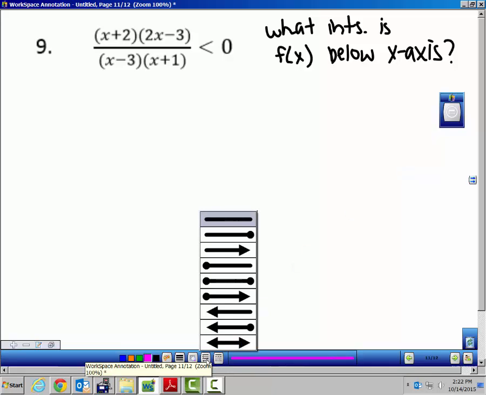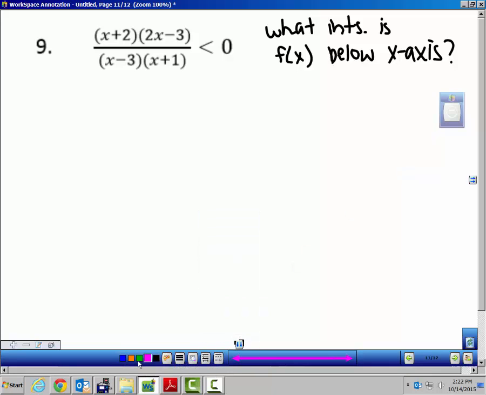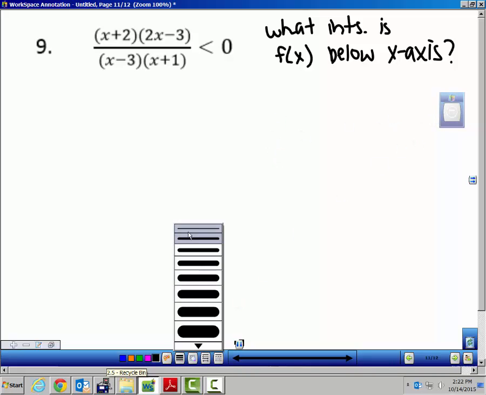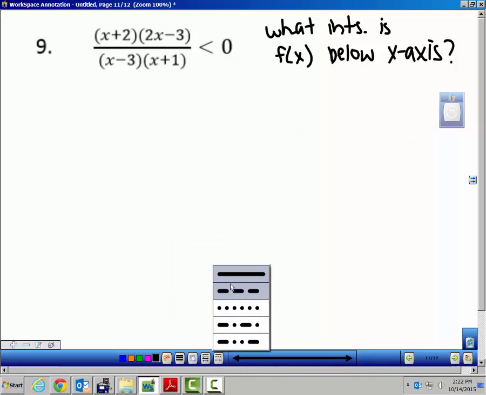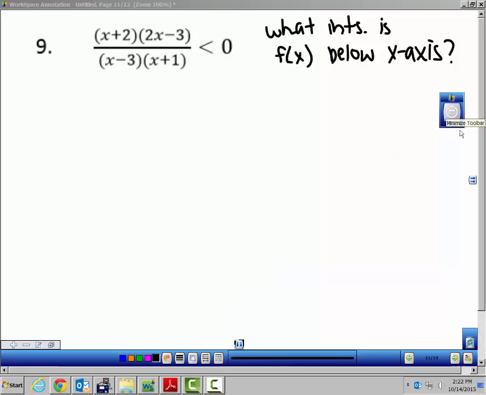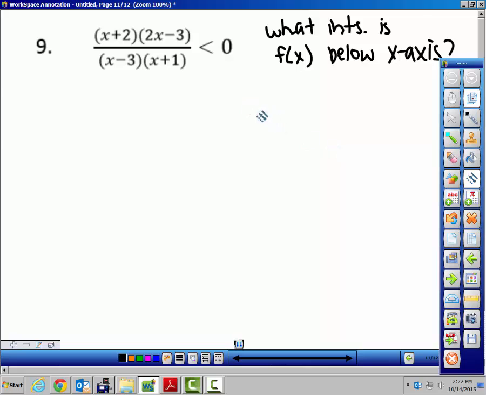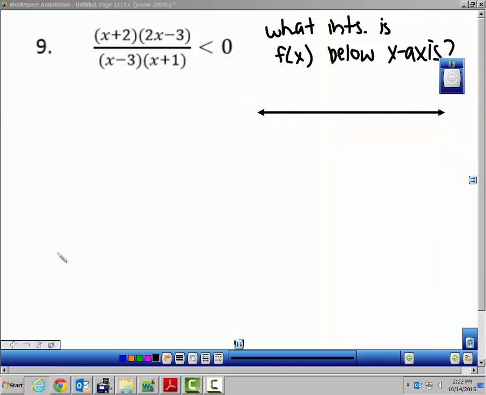Remember when we did our test interval charts on the rational functions that we just did, you included not only the zeros from step 3, but also the vertical asymptotes from step 4. So for rational functions, when we go to put things on the number line, we have to include zeros and vertical asymptotes.